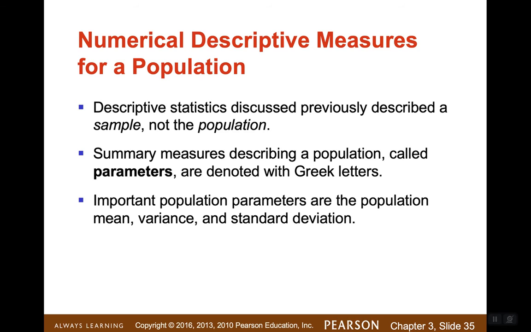The ones we're most interested in are the population mean, the variance, and the standard deviation. Like I said, a lot of what we see for populations echoes what we do for samples. It's not that much difference.